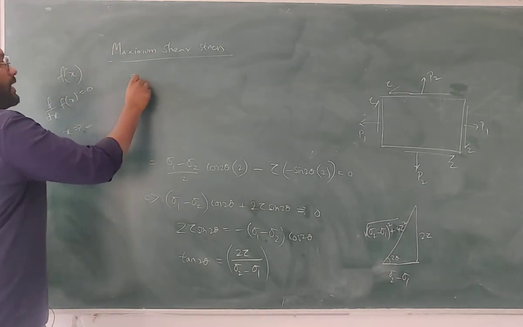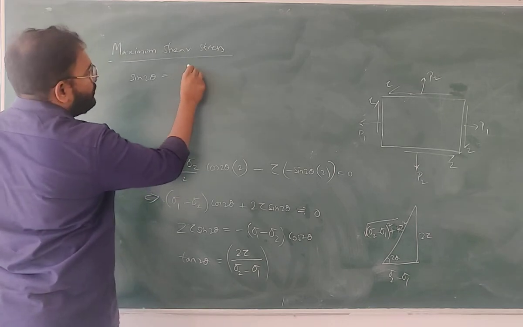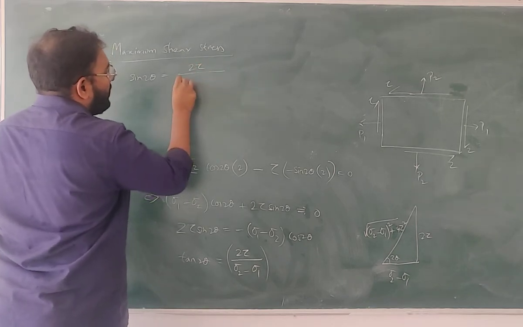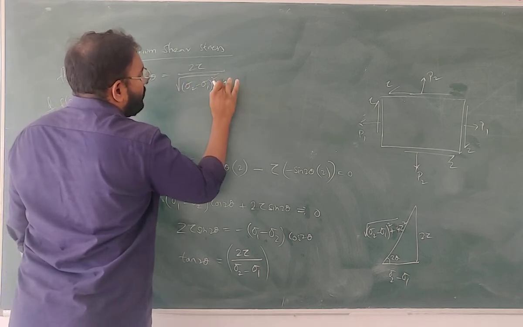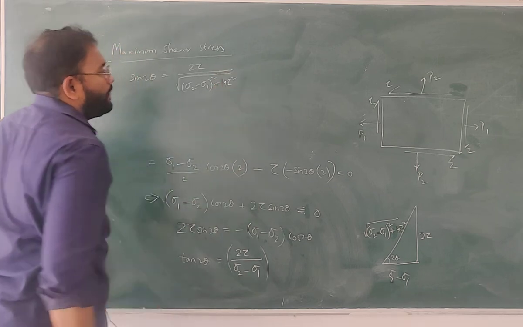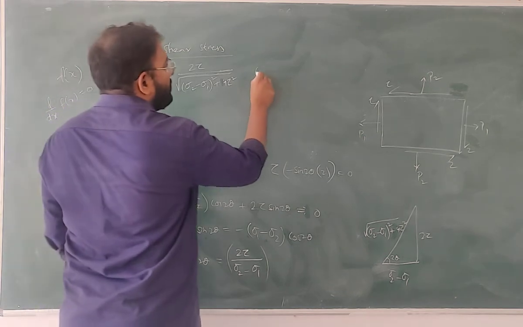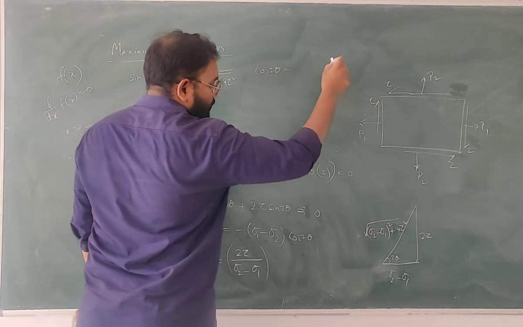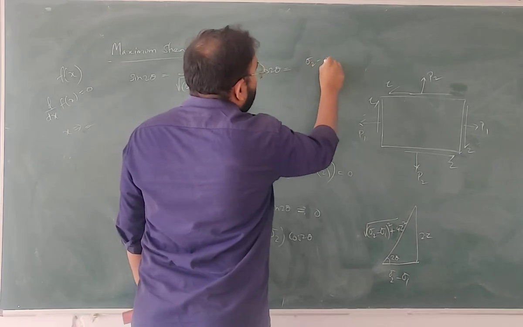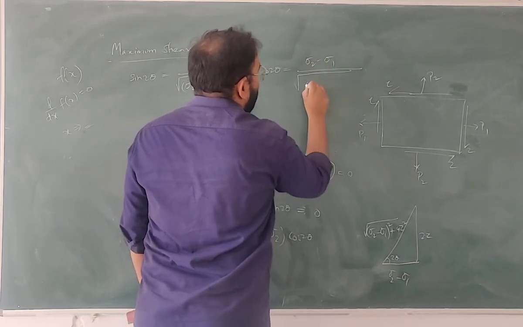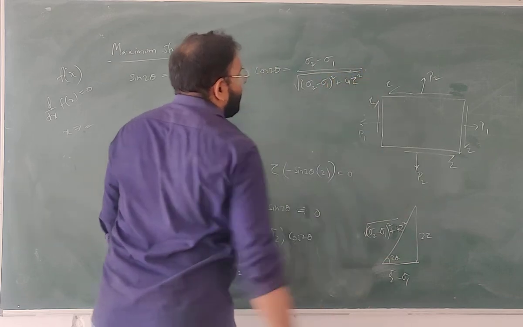So sin 2 theta is equal to opposite, 2 tau, divided by under root of sigma 2 minus sigma 1 square plus 4 tau square. Similarly, cos 2 theta is equal to sigma 2 minus sigma 1 divided by under root of sigma 2 minus sigma 1 square plus 4 tau square.